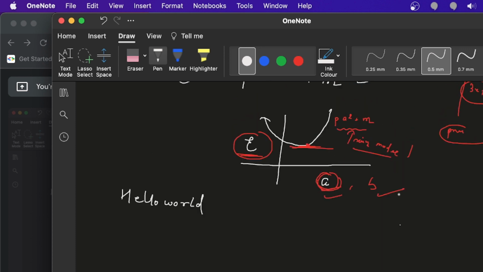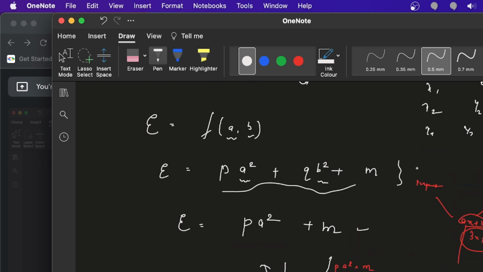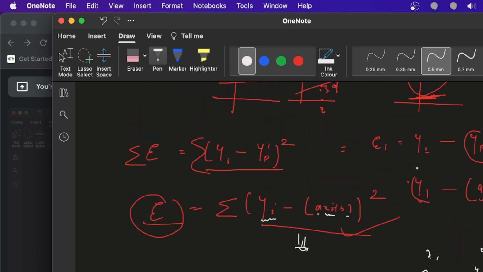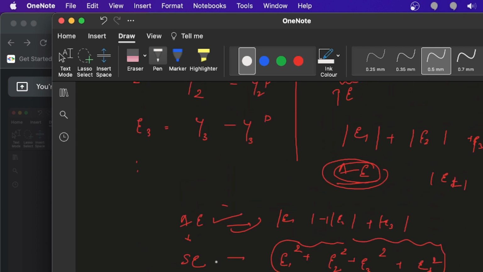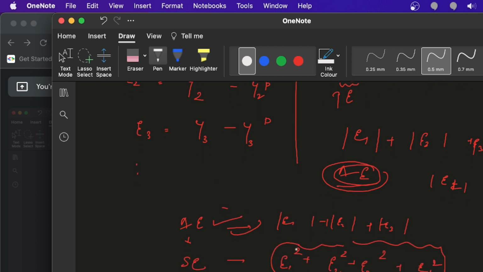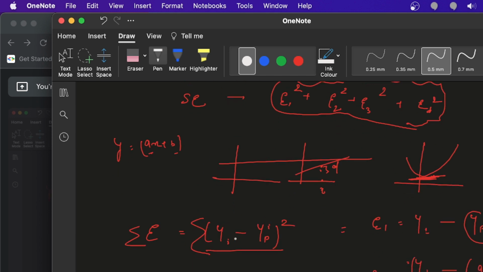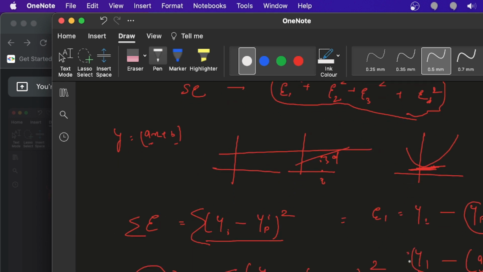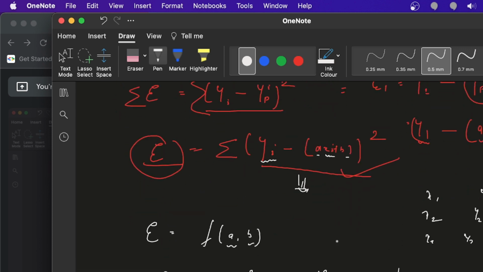In this screen, you have done lots of things like loss functions, errors, absolute errors, square error, and why we are choosing the square error over the absolute error. We are also talking about an error function, which is also called the loss function. We have already seen these things in the previous classes.